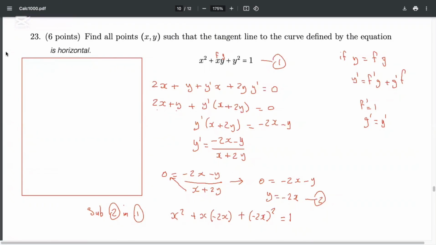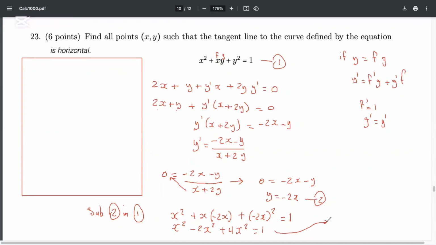So let's work from here and try to fit as much as possible in here. So there's going to be x squared. That's going to be minus 2x squared. And that's going to be plus 4x squared equals 1.